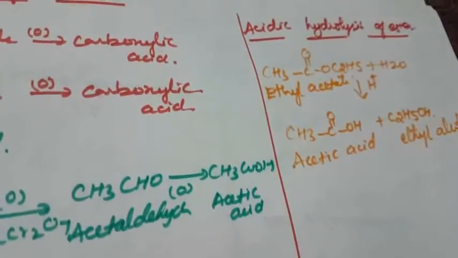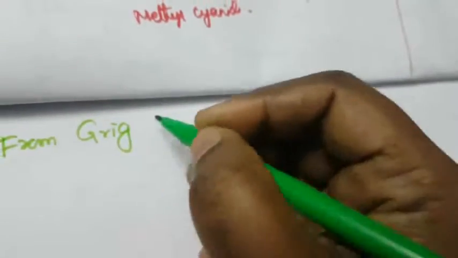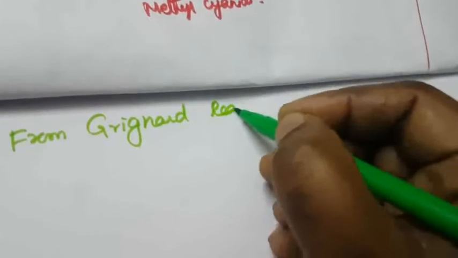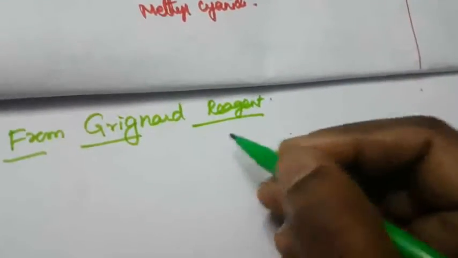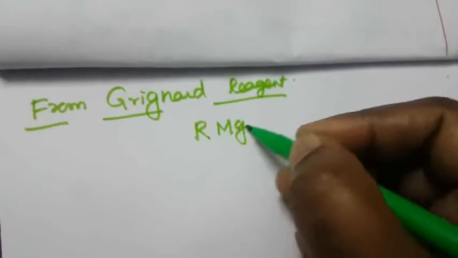So next one, from Grignard reagent. What is meant by Grignard reagent? We already studied it in the previous year. RMgX: what is this?